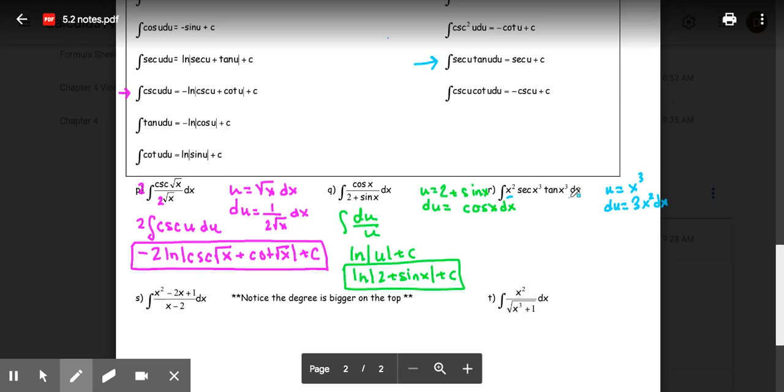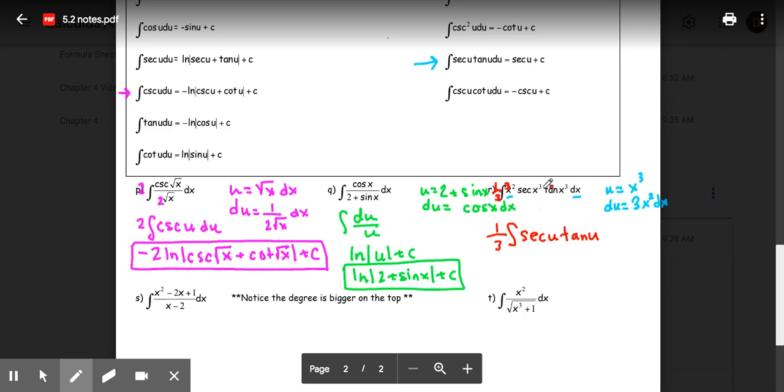Look, I have the x squared dx in there, I need to put in a 3 to complete my du and multiply by a third on the outside. And that ends up being secant u tangent u.